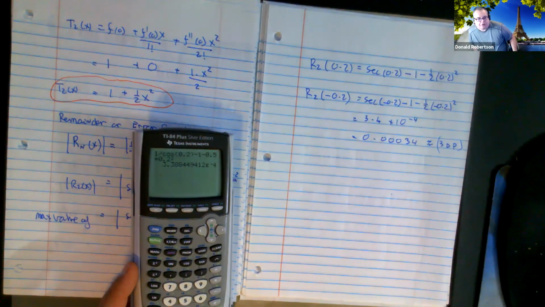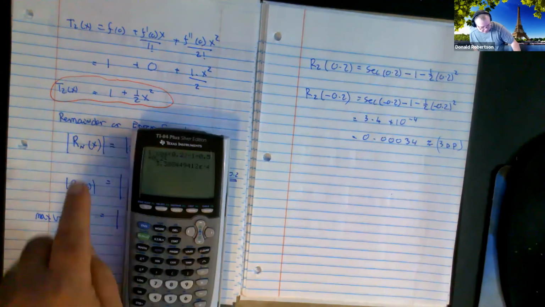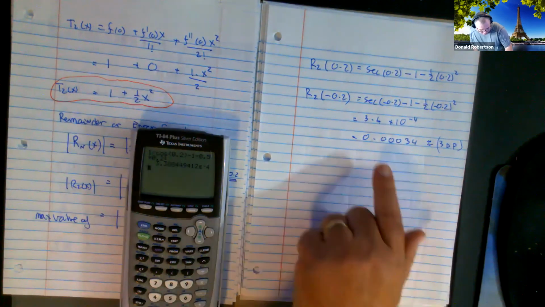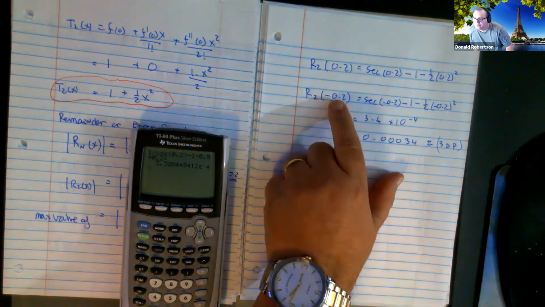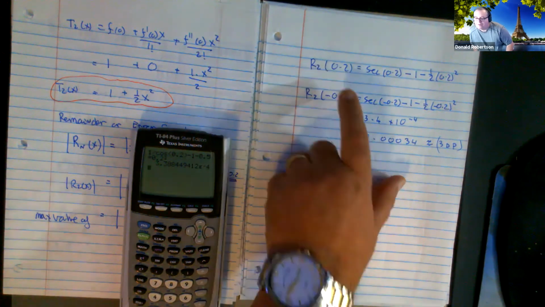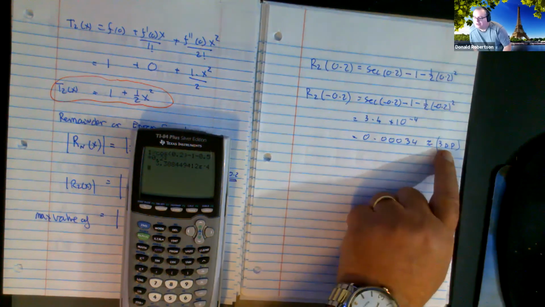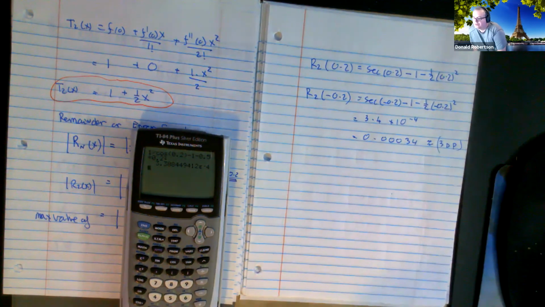So if you want to use this quadratic to represent the secant function, and you only do numbers in the range 0.2 to negative 0.2, whatever the polynomial gives you, it's going to be good to 3 decimal places with the real answer. So don't we now know we have a number for how accurate it is?